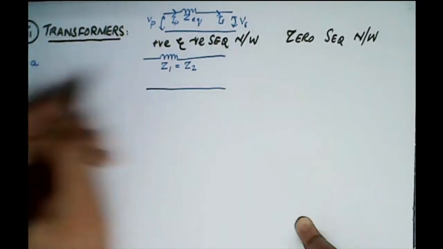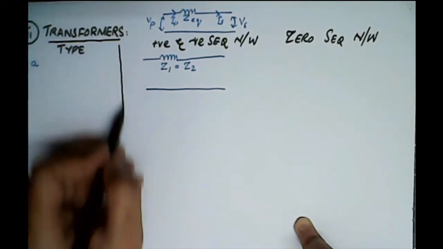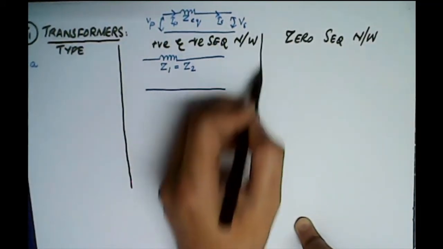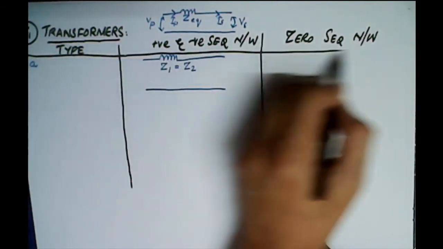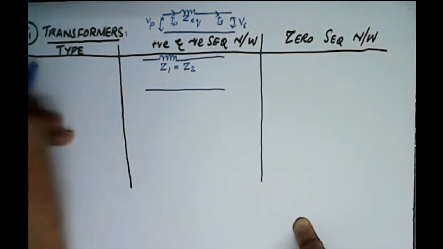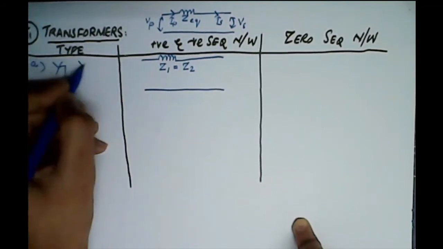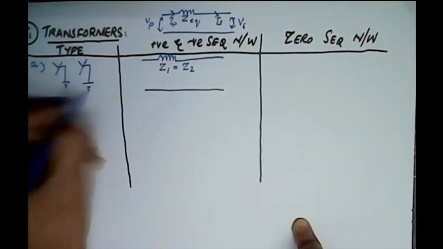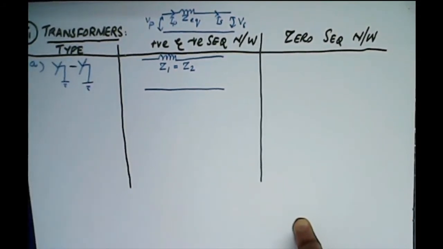Now the zero sequence network, as we already discussed, depends upon the transformer type, depends upon the type of connection in the system, and we can have multiple types of transformers, right? The simplest of which is, let's consider a Y transformer in primary and a Y in secondary as well, with both windings grounded.